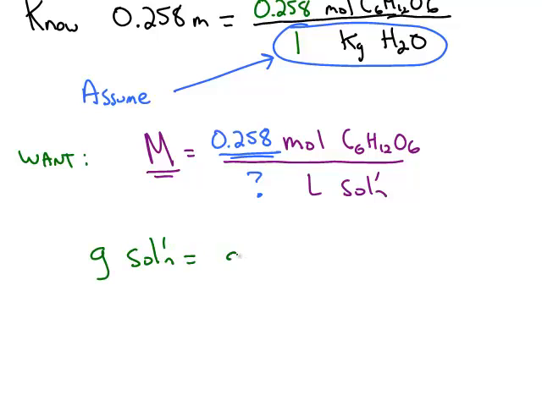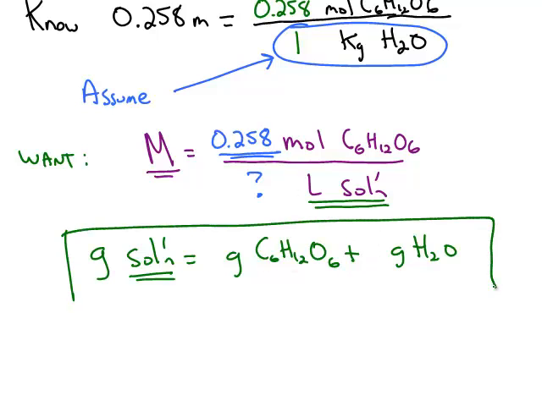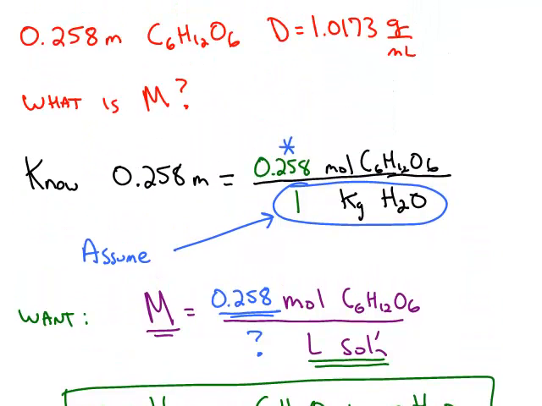Grams of solution is grams of the solute, in this case glucose, plus grams of water. We need that because we have to find out about the liters of solution, the volume of the whole solution. To get there, we're going to have to use this formula. And we're also going to have to use the given density of this solution.